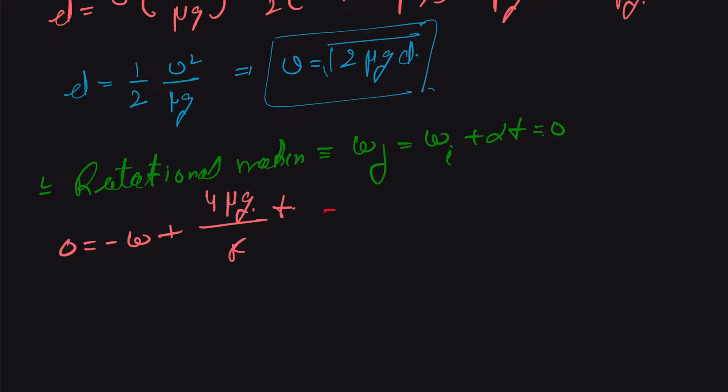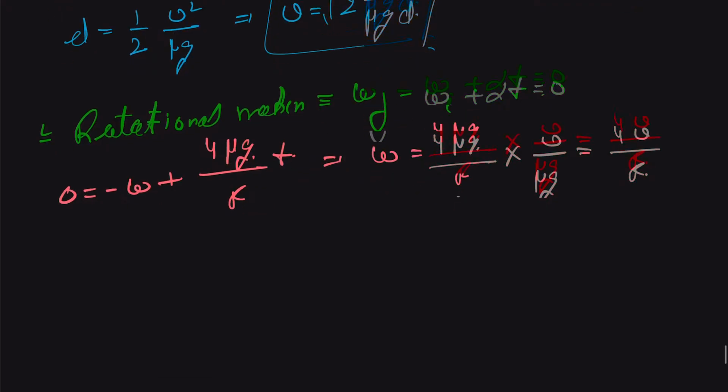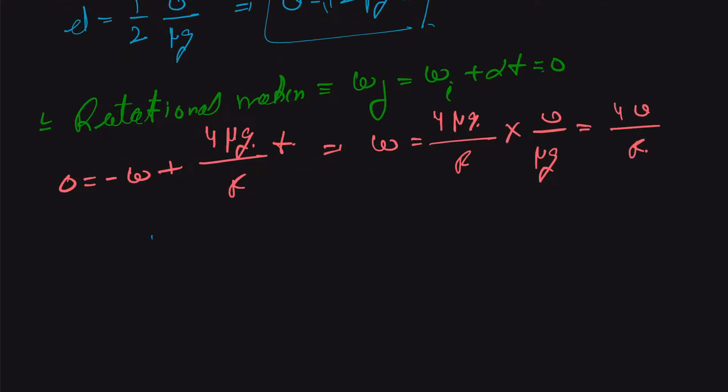This gives us that omega will be equal to 4 mu g upon r, and time we already know is v upon mu g. So this comes as 4v upon r. Therefore, the angular velocity will be equal to 4v upon r.